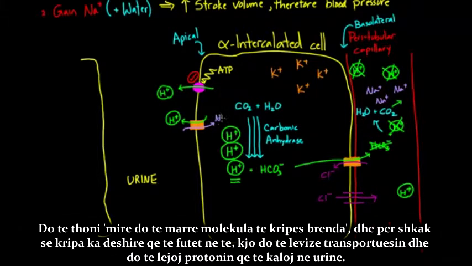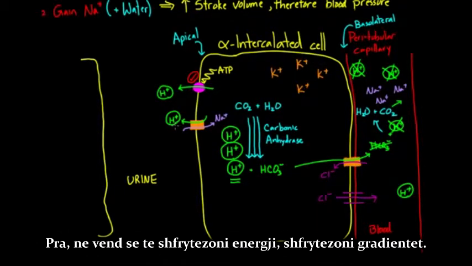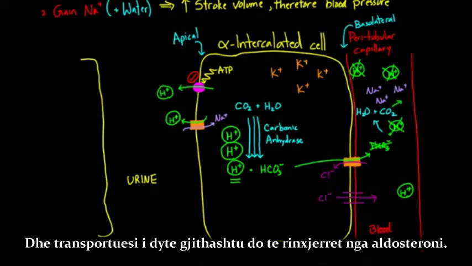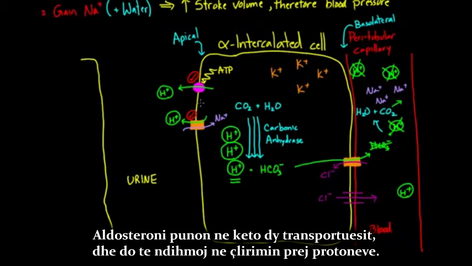Because salt wants to get in so badly, it will drive this transporter and allow a proton to slip out into the urine. So instead of using energy, you're using a gradient. And this second transporter is also going to be revved up by aldosterone. So aldosterone is really working on these two transporters and is going to help you get rid of protons.